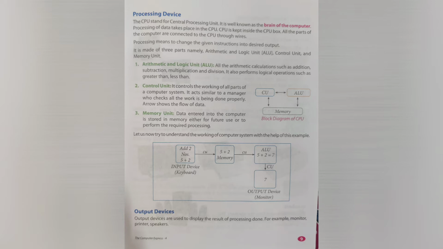Processing means changing the given instruction into the desired output. The CPU is made of three parts, namely the arithmetic and logic unit (ALU), the control unit (CU), and the memory unit (MU). First comes the arithmetic and logical unit, ALU.